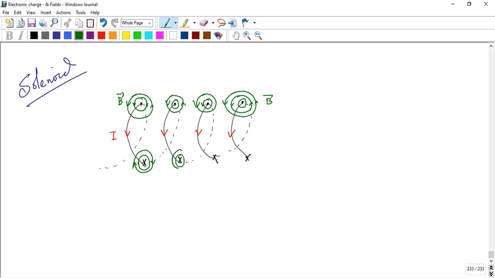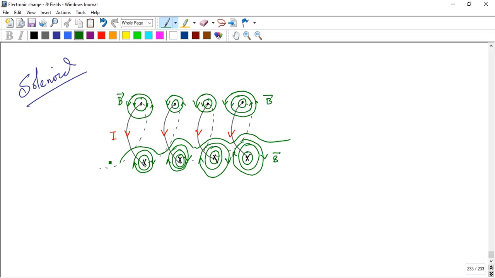Similar here. That's a downward, upward, downward. That's the magnetic field B. And at that point here, its magnetic field looks like this.